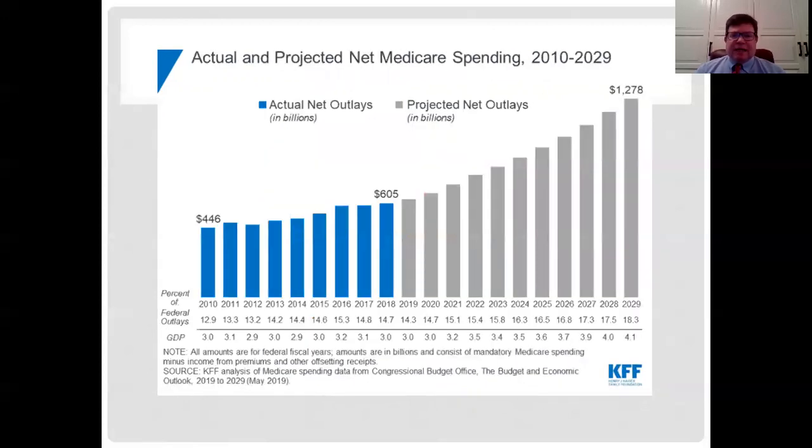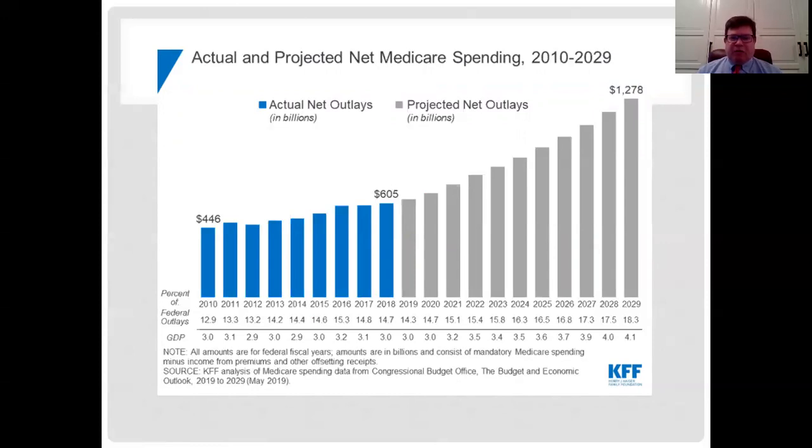The concern is that this is actually growing over time. So this is a look at about a 30-year period of the outlays, where we will go from about $605 billion in 2018 to double that amount by the year 2029, with almost 1.3 trillion, with a T, $1.3 trillion in expenditures. And again, the best way to take a look at this is relative to other time periods.